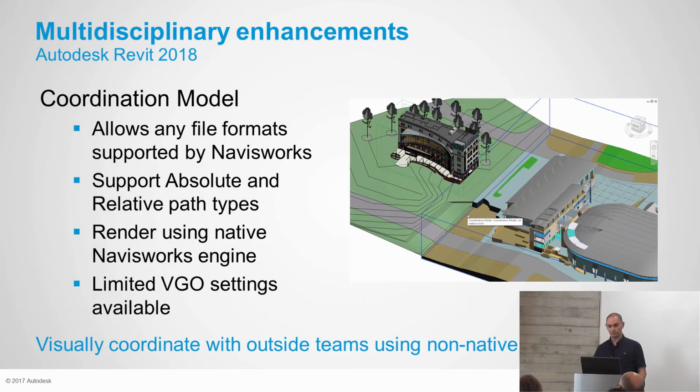So, platform tools. The first one is the coordination model. You remember you have the manage links window. Now you have a separate tool just to link what they call coordination models, which is basically the Navisworks formats, the NWCs and NWDs. It supports absolute and relative path types. It has some limitations on the visibility and graphics.